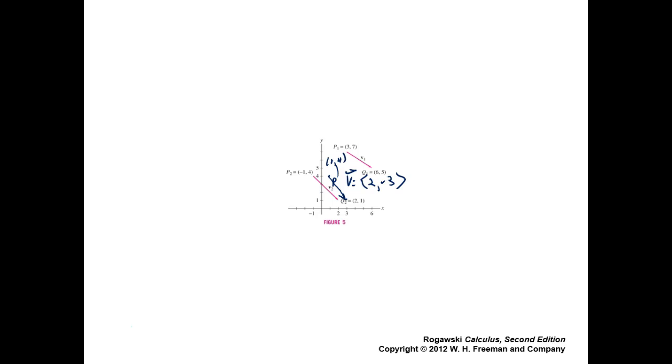So this is the point P at (1, 4), and the vector V is 2 to the right and down 3 from that point P. Okay? Does that make sense?